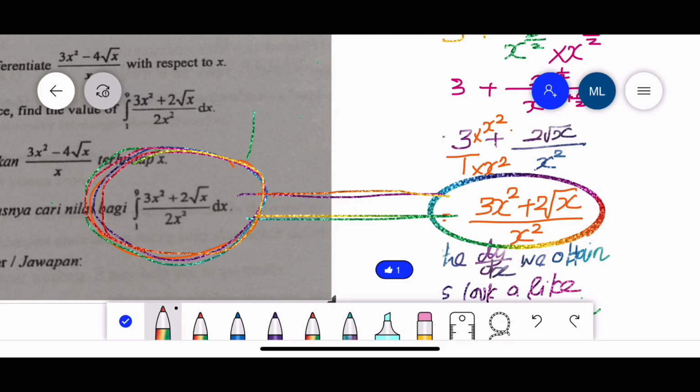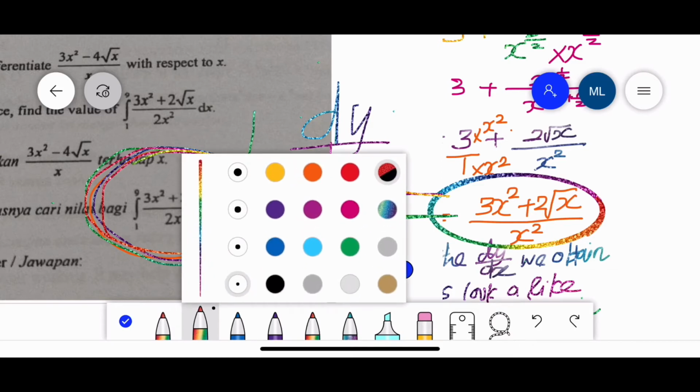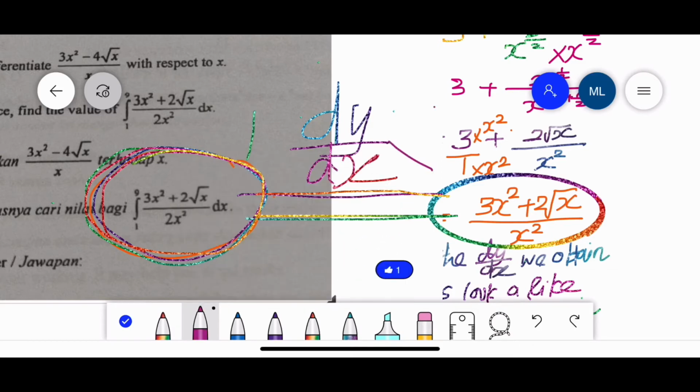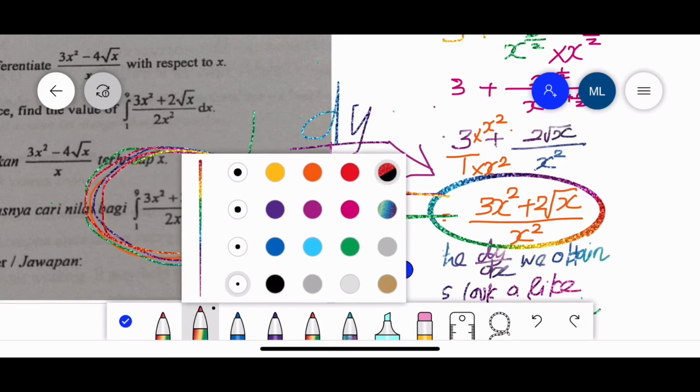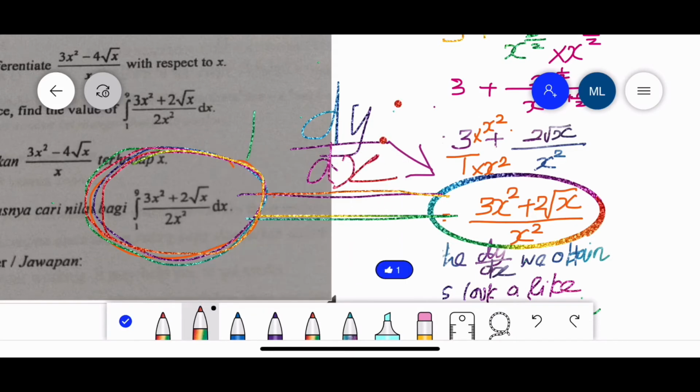So I already got the dy dx. If I integrate my dy dx, I will get the y back. The y just now, the question gave you at the beginning, the function that is y. You just actually take that y and substitute the limit will do. But because there is an over 2 for the question, you have to divide by 2 for every term.